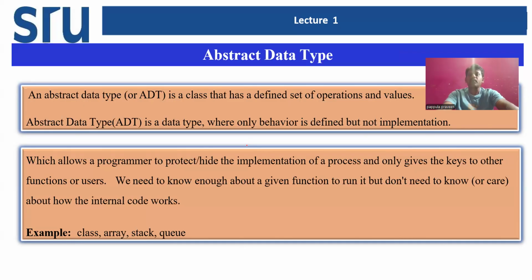We need to know enough about a given function to run it, but we don't need to know how the internal structure works. These are all discussed in the abstract data type. Examples are class, array, stack, and queue.